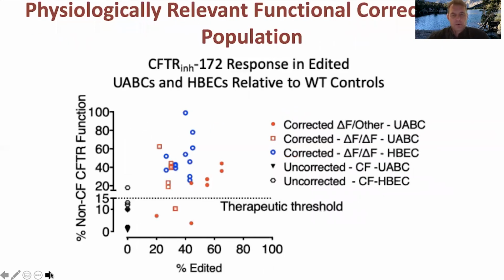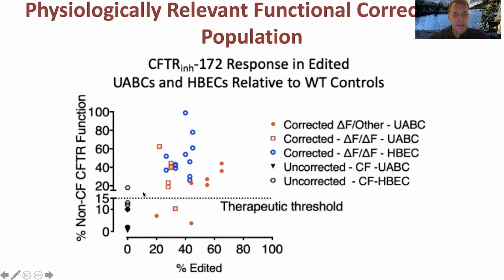When those corrected cells are differentiated in air-liquid interface culture and conductances are measured, what we find is of course, CF patients have very low conductances relative to wild-type levels, but the level of correction of the current is directly proportional to the level of editing.